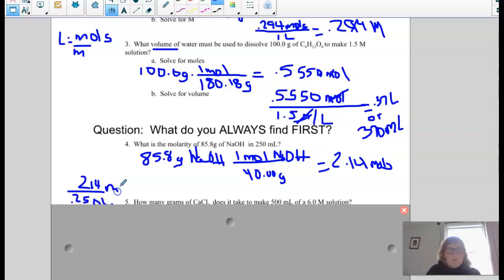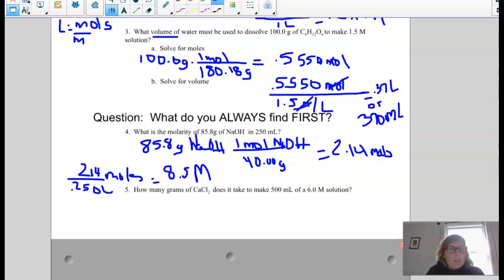So that's 2.14 divided by 0.250, and you should get a molarity of 8.56, or 8.5 molarity. That's the concentration. So you have 8.5 moles per 1 liter of solution.